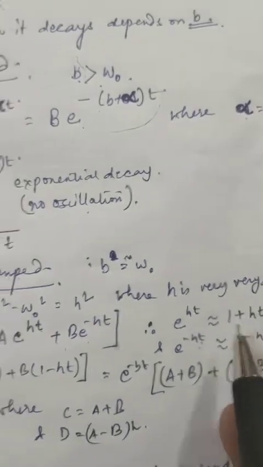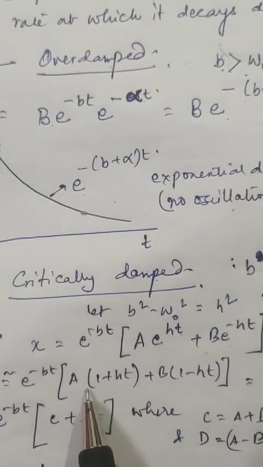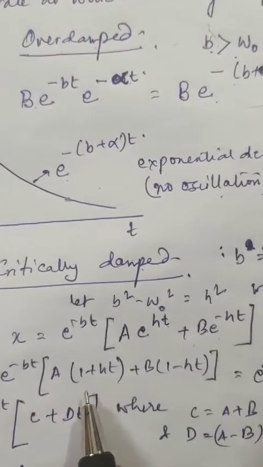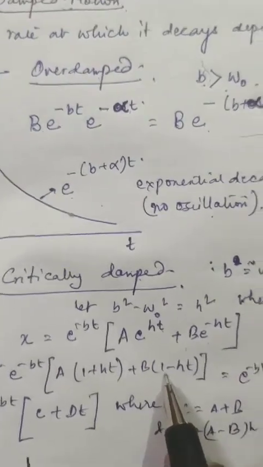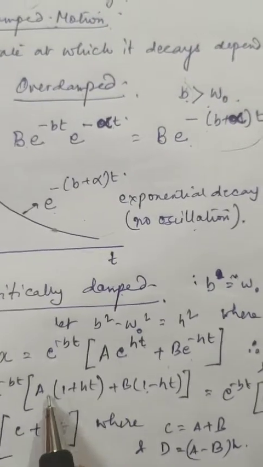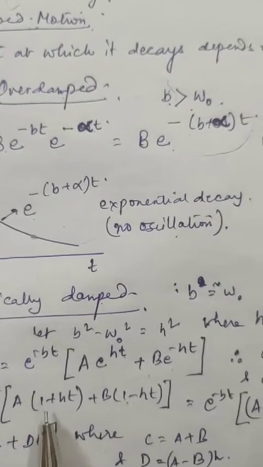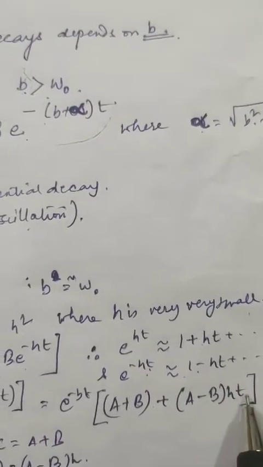So let us put these approximations in. We have e to the power of minus bt, with e to the power of ht approximated as 1 plus ht, plus e to the power of minus ht as 1 minus ht. So I take a plus b here, and you have aht minus bht, so you have a minus b times ht.